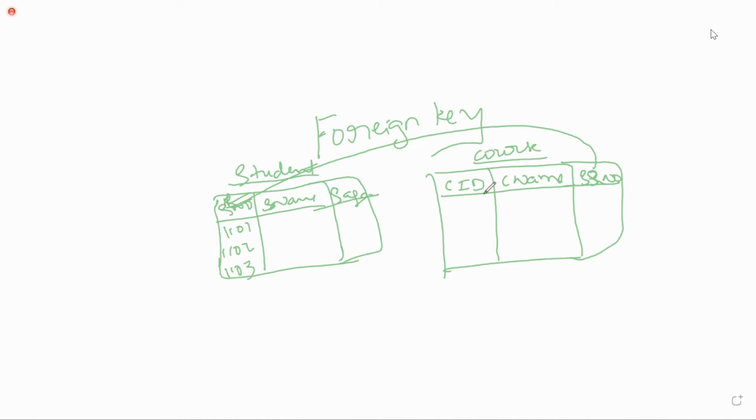But what my question is, suppose we assume that 301 and 303, some DBMS lab, and 1101, 1102, maybe DBMS.